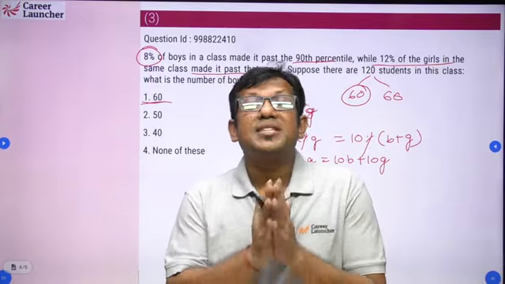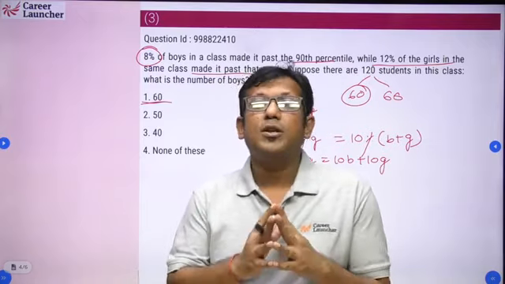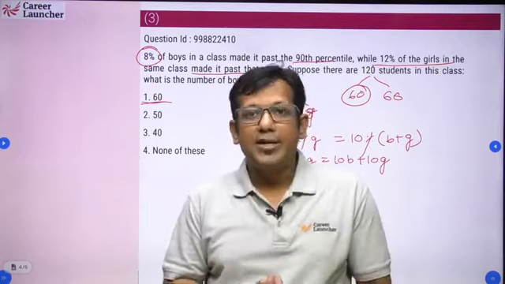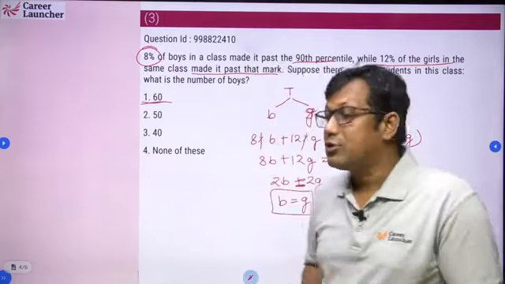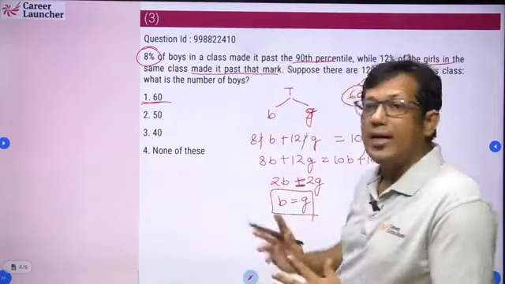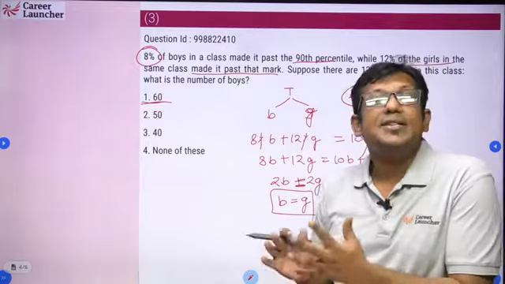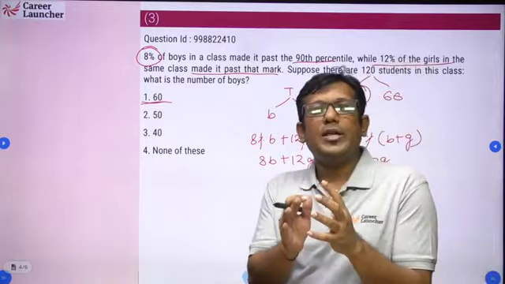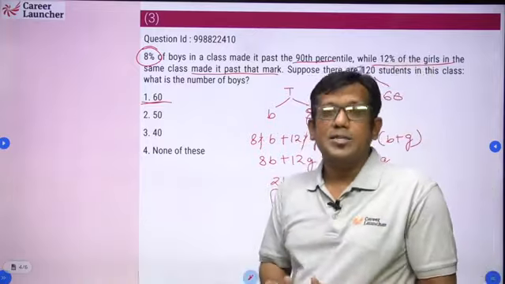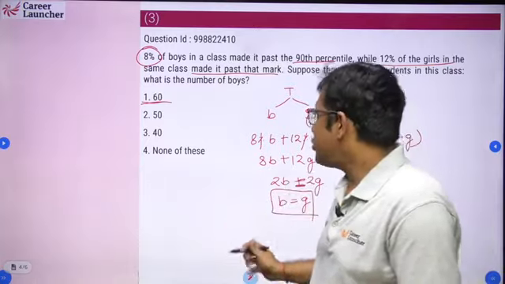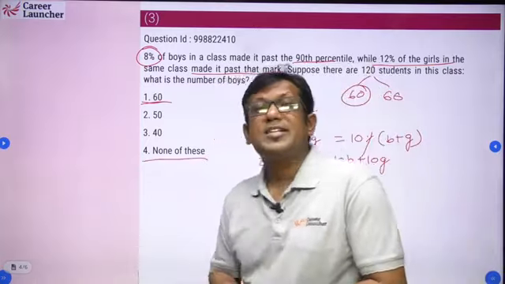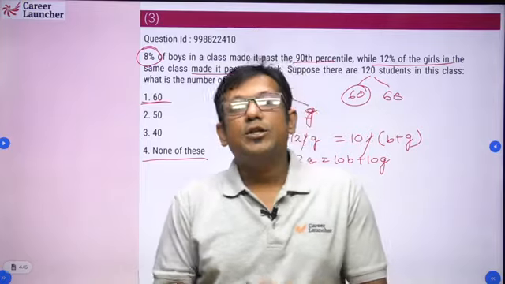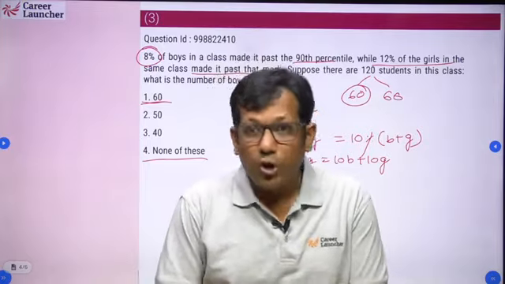Here the data becomes inconsistent, because the number of boys or girls can never be a decimal. So the actual answer should be data inconsistent, because the number of people I am getting are in decimals. So the answer should be none of these, because the data itself is inconsistent. That's the reason this should not be the correct answer.